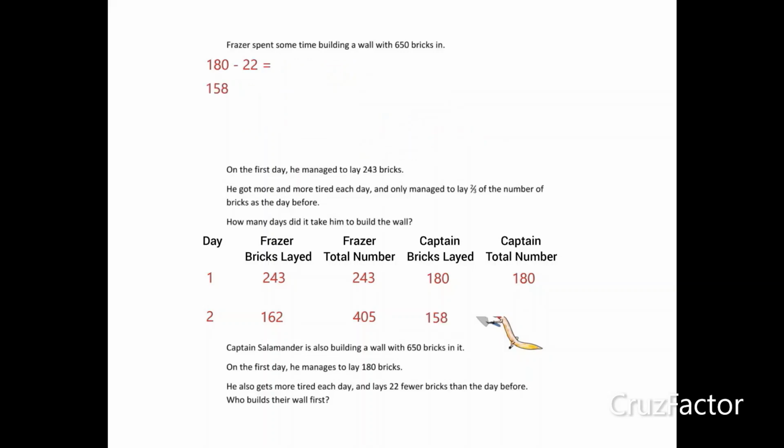For the total number, we are going to take the 180 from day one, his total, add it to the 158 he did for day two. So for the first 2 days, the total number he's put down is 338 bricks. That's the first 2 days examples that I'm going to do here for you.